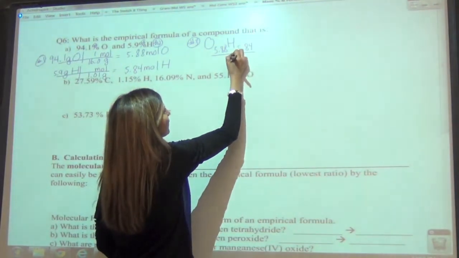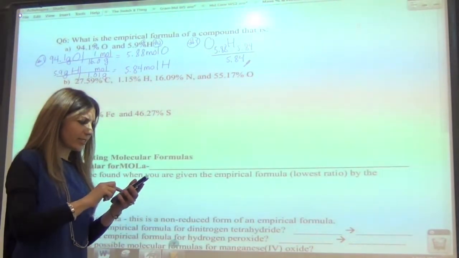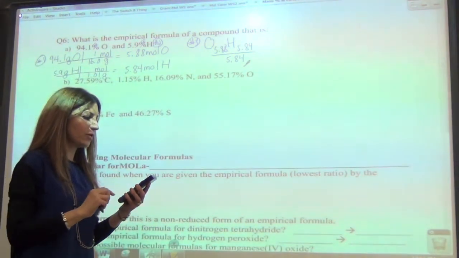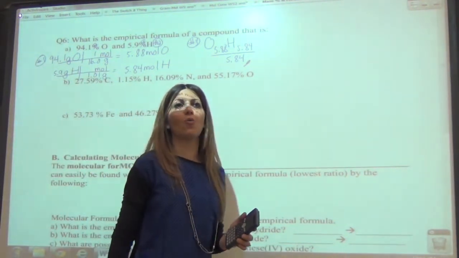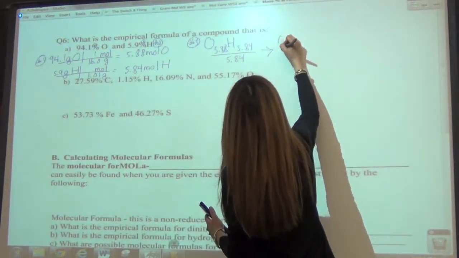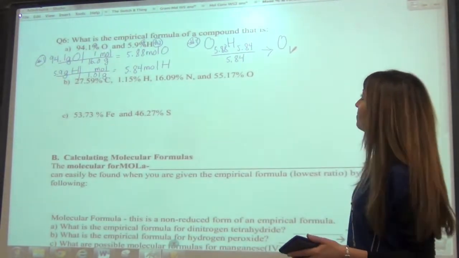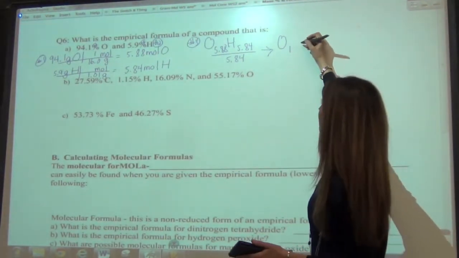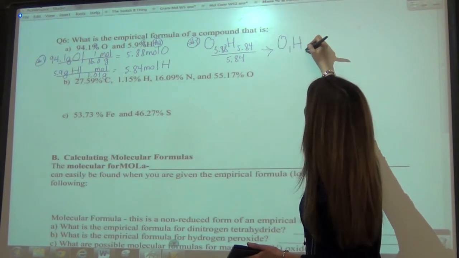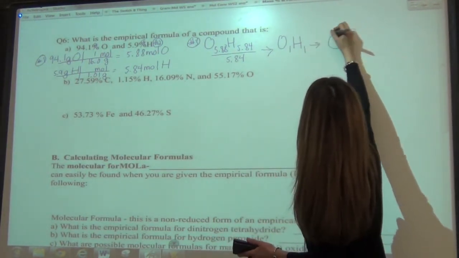So I'm going to divide both of these by 5.84. 5.88 divided by 5.84 gives me 1.01, which is basically what? 1. And 5.84 divided by 5.84 is what? 1. The formula of this is OH.